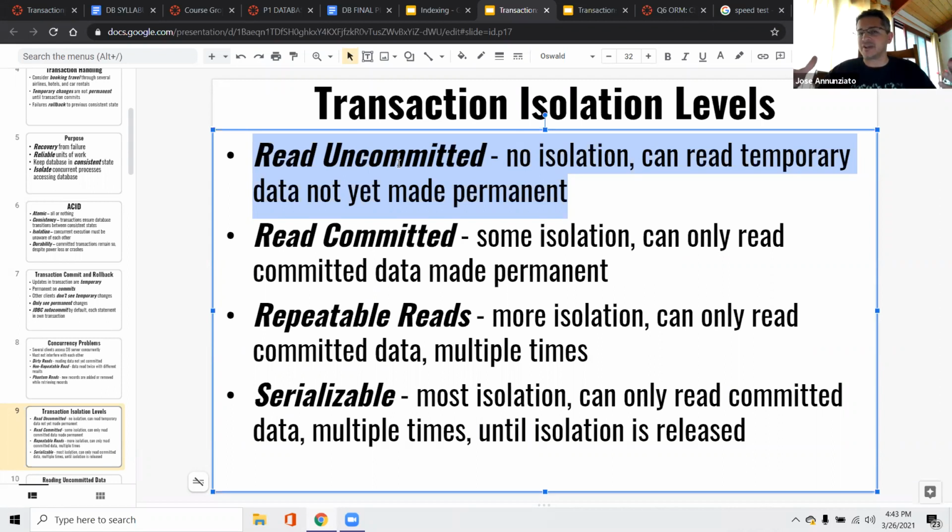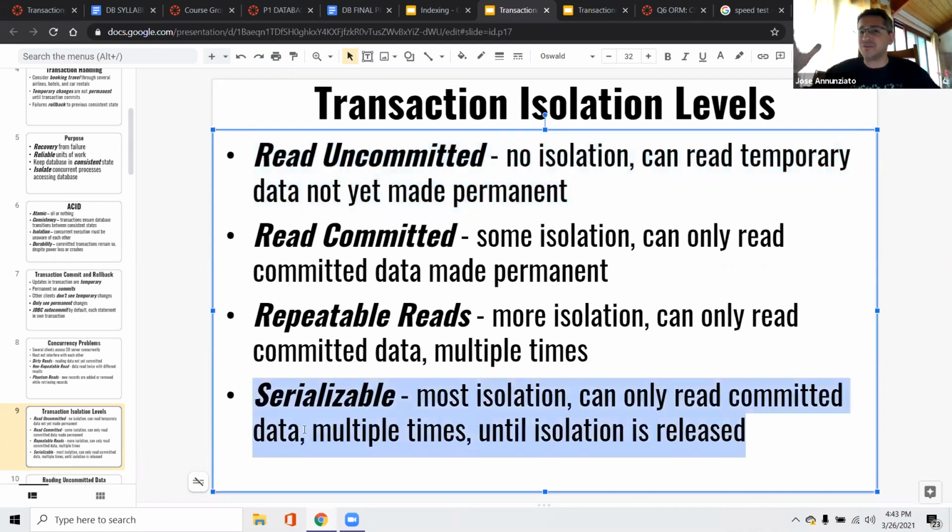Because concurrency also gives us efficiency. So read uncommitted gives us the most efficiency, where most threads can run at the same time, but gives us also the most risk of inconsistency, as opposed to serializable, which gives us the most consistency, but the least amount of performance and concurrency.